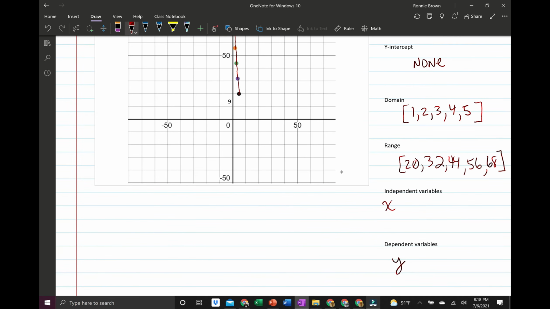And our x was the independent variable. So the y, the depth of the water, is dependent, and the independent is the time in minutes for us. And in dealing with functions, your x variable will always be the independent variable, and your y variable will always be the dependent variable.